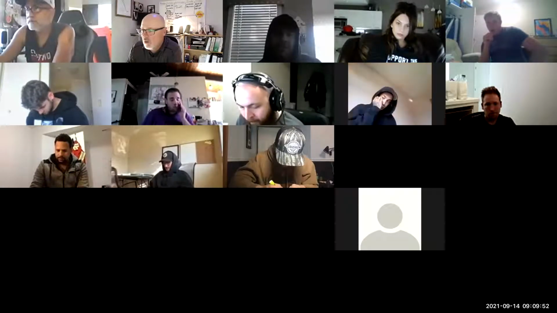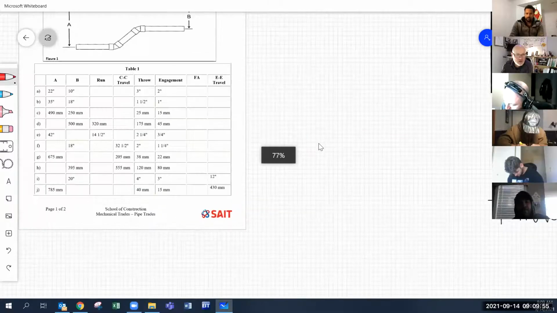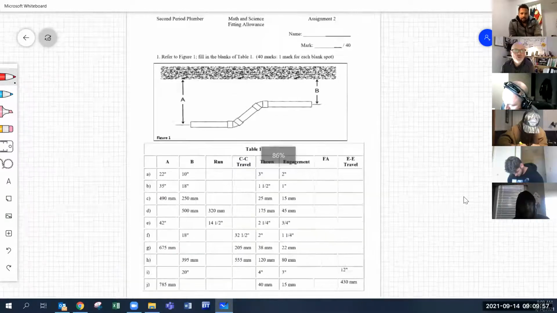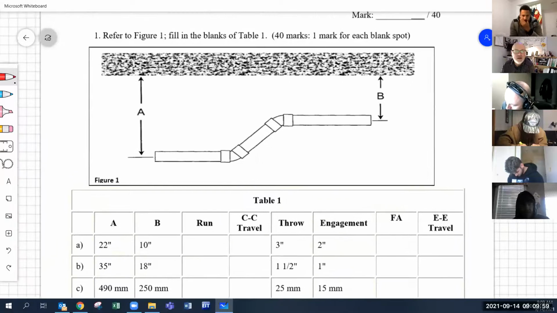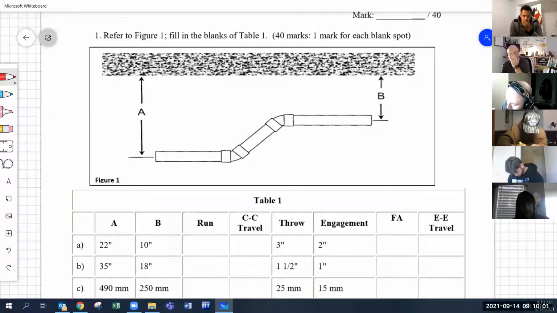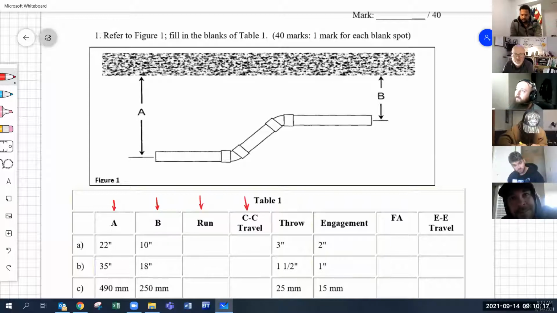Okay, so now I want to talk about an offset that becomes more appropriate for us. So let's have a look at this particular picture. I have A here, B, I want the run. I have the center to center travel. I have a throw, an engagement, a fitting allowance, and an end to end travel.